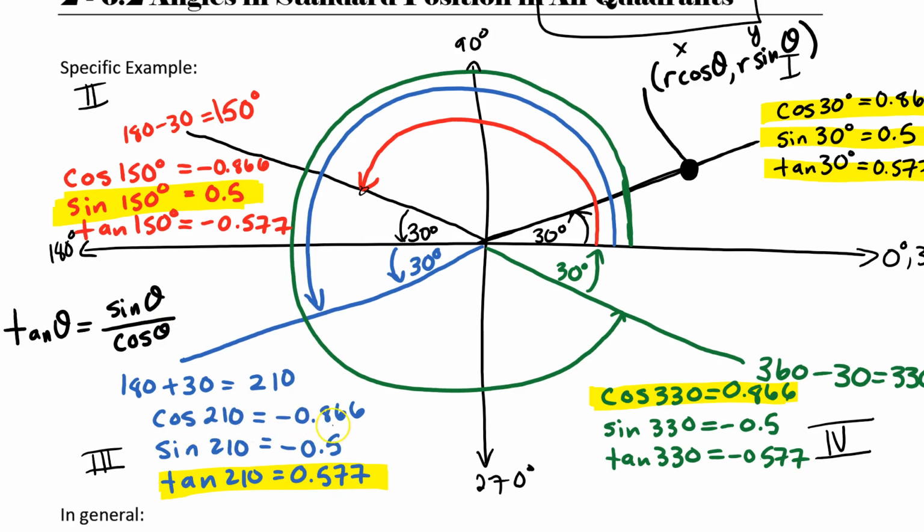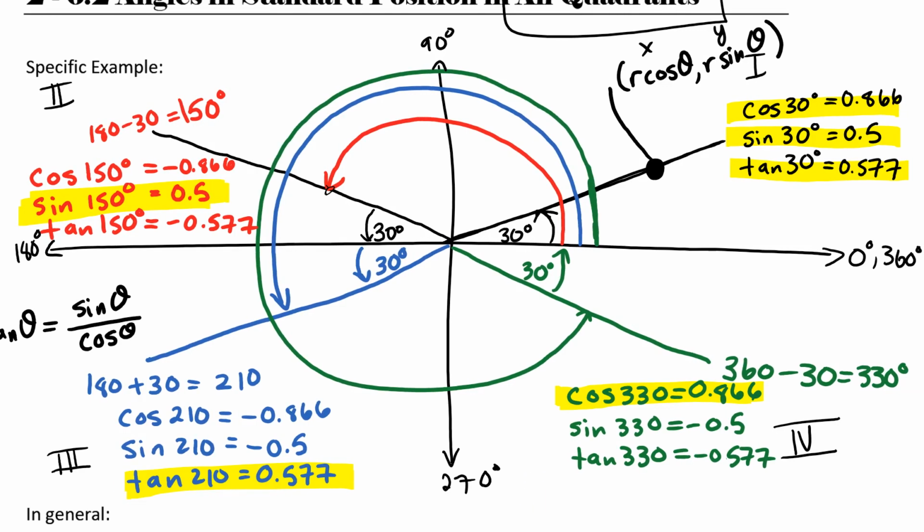Because if your cosine is negative, that means that your x values are negative, and your sine is negative, which means that your y values are negative. A negative number divided by a negative number is a positive number. See how beautiful math is, folks? This is just absolutely gorgeous.